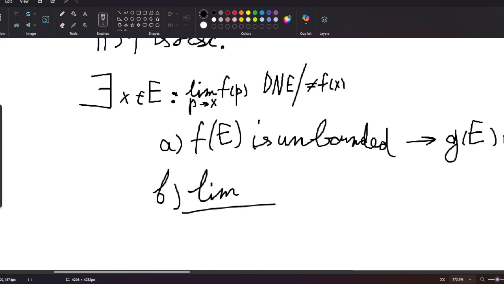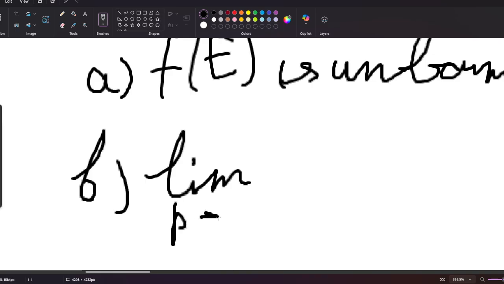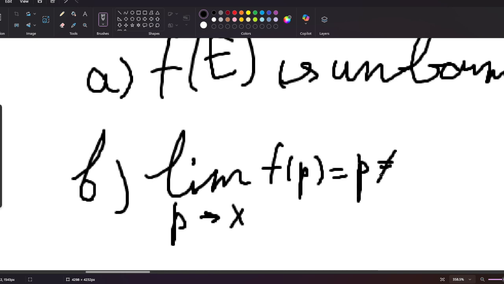So the second part, let's say that it does exist: the limit as p approaches x of f of p equals some point, not equal to f of x.